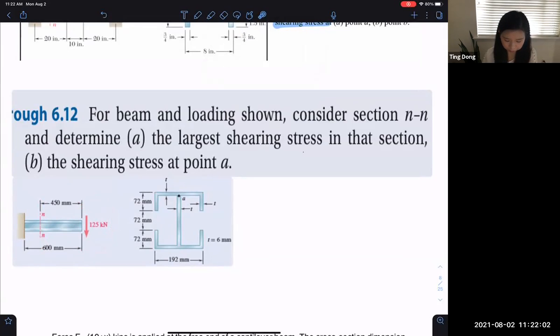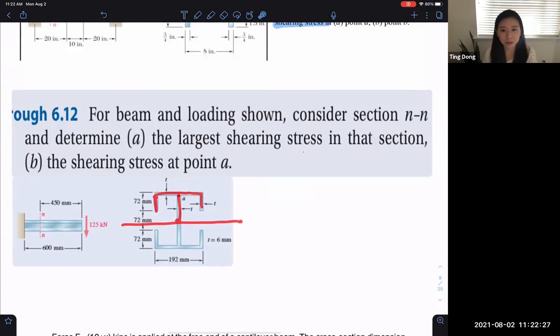This one is symmetric, so this is the neutral surface of the entire cross section, and at this location we have the largest shear stress. So it basically means, okay, how to calculate the Q for this part. Check my solution. I think I put a lot of effort into making the solution.